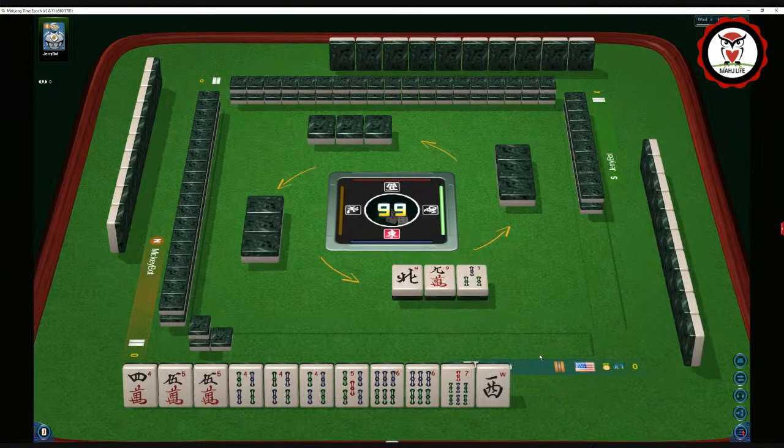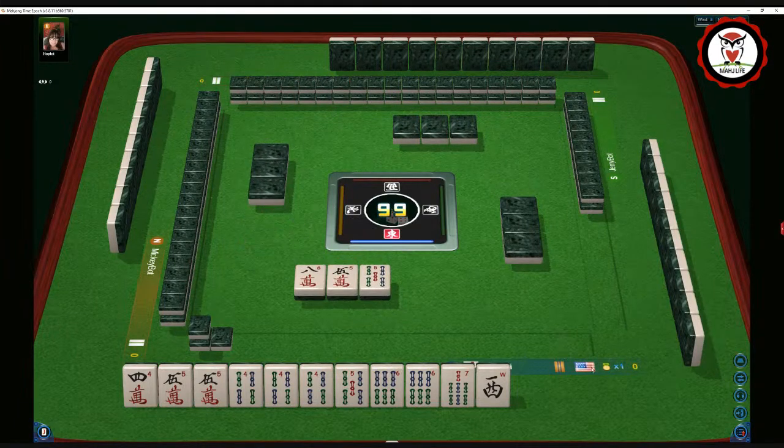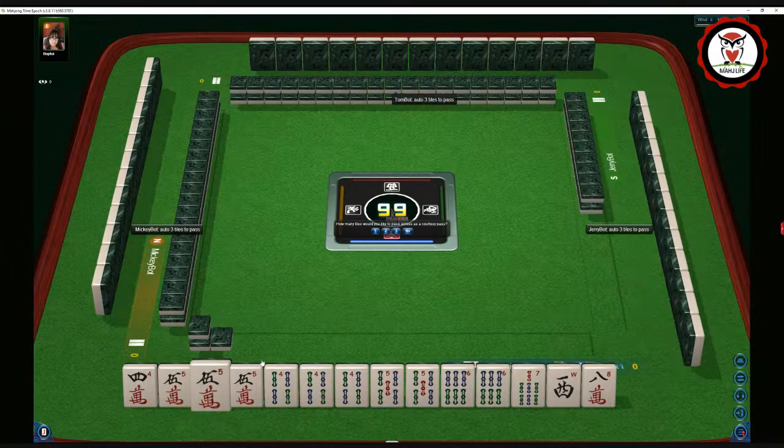Let's see if we get any keepers. We did. We got 2, 5 crack and a 5 bam. So this is where you just reassess, and you're going to build around the most of your multiples. We have 2 pungs, so I would leverage those. Those are going to be stronger than the pairs.